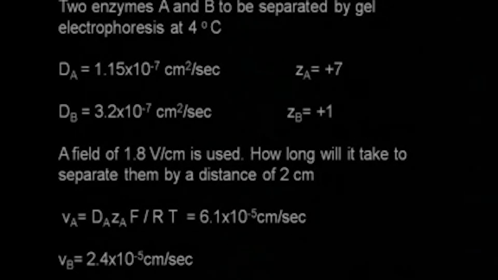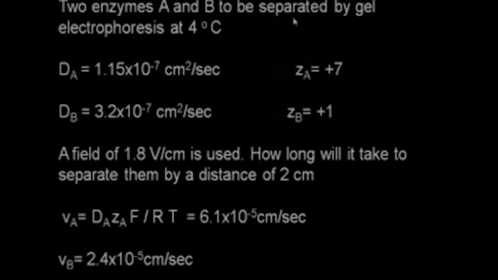So I run this electrophoresis for 15 hours so that the 2 proteins get separated by 2 centimeter based on the protein charge, based on the diffusion coefficient of the protein, correct.